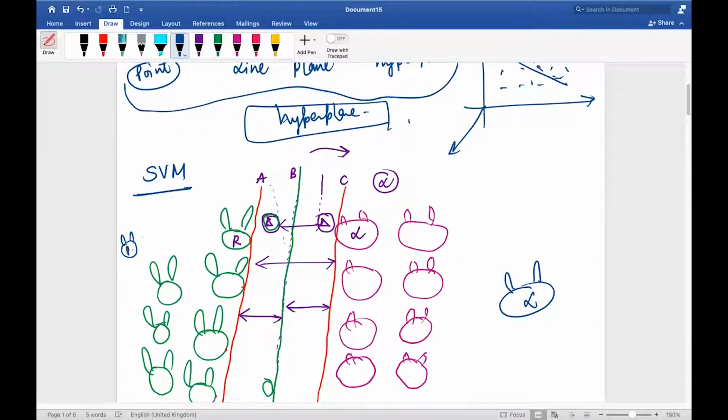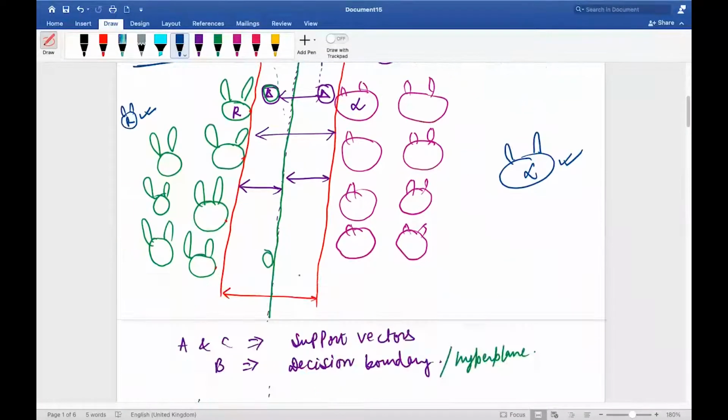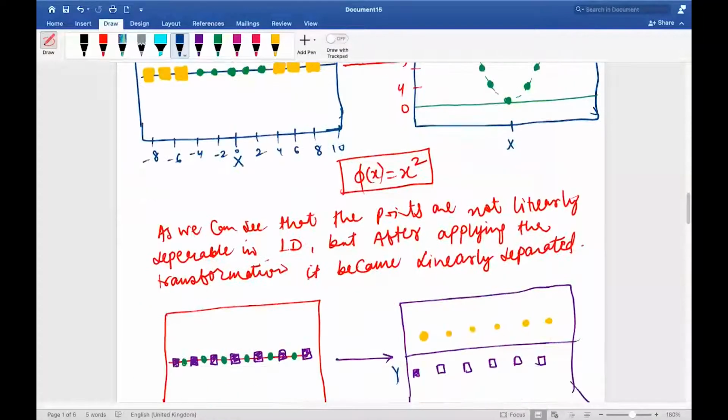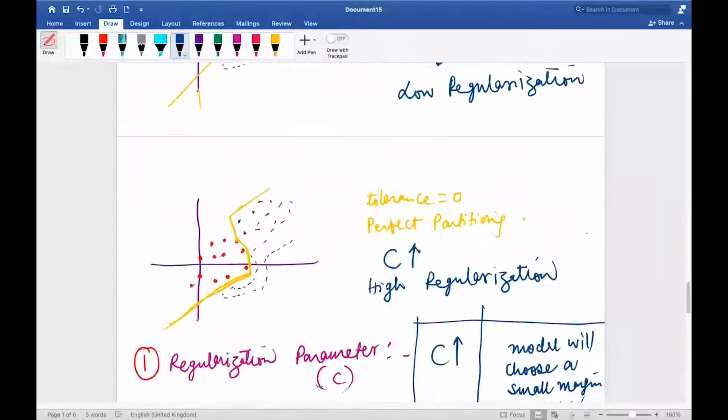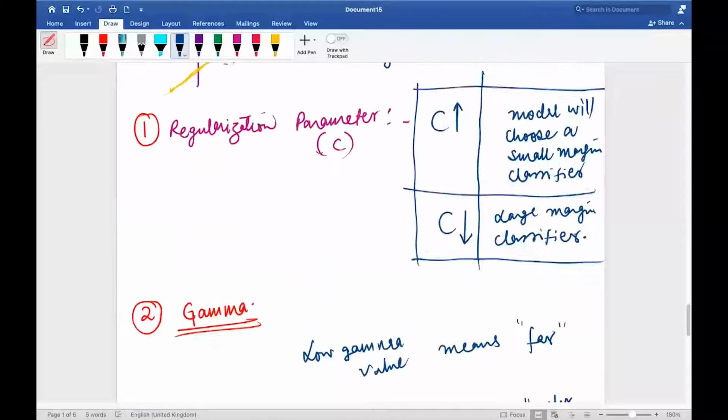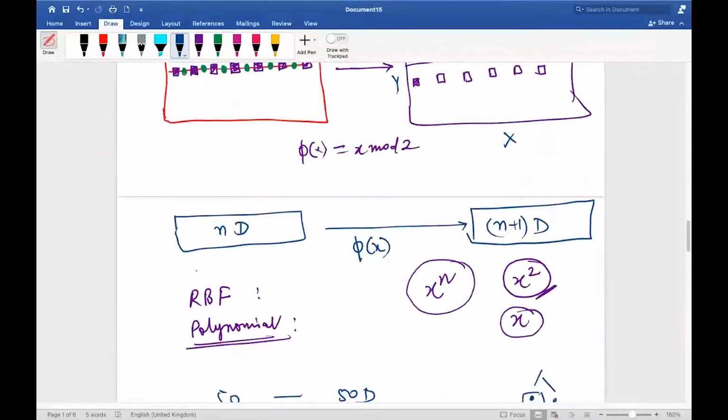Now I'm considering this point and this point also. If I increase the value of gamma, that means I am considering only nearby points. That means I'll give more weightage to these points.